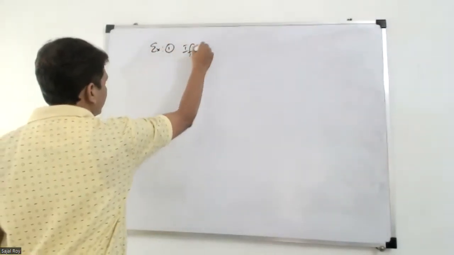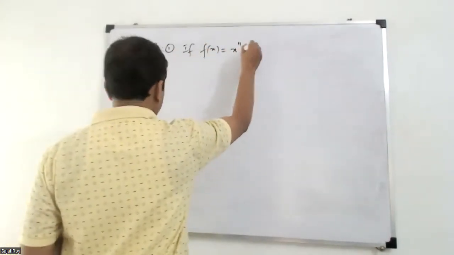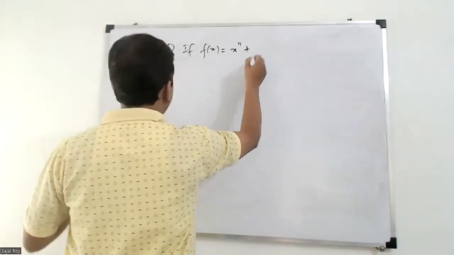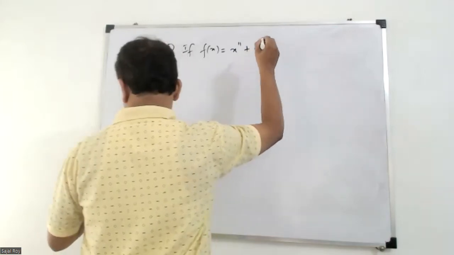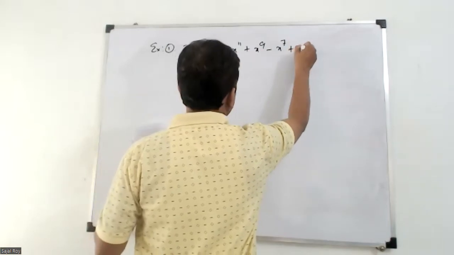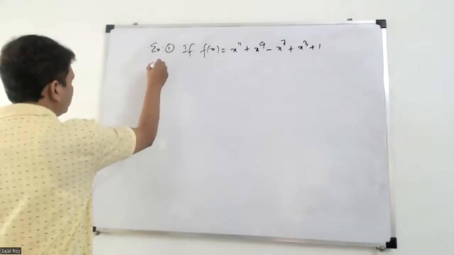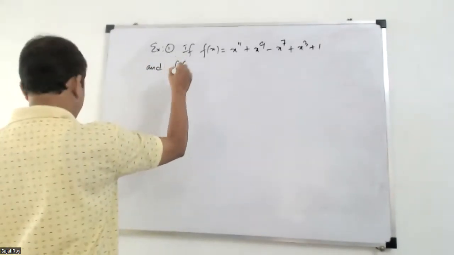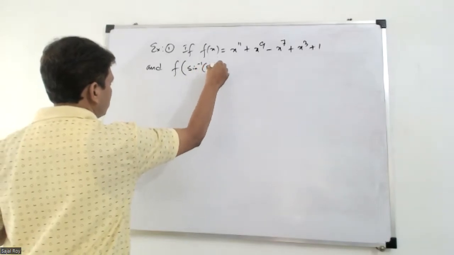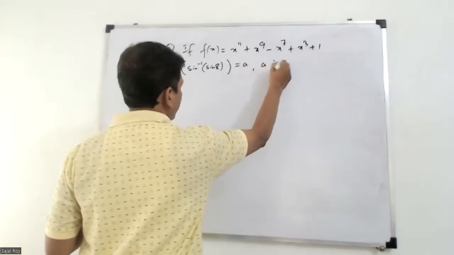Suppose f(x) equals x to the power 11 plus x to the power 9 minus x to the power 7 plus x cubed plus 1, and f of sin inverse sin 8 equals a, where a is a constant.